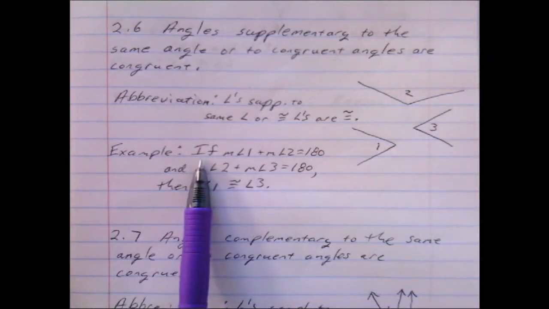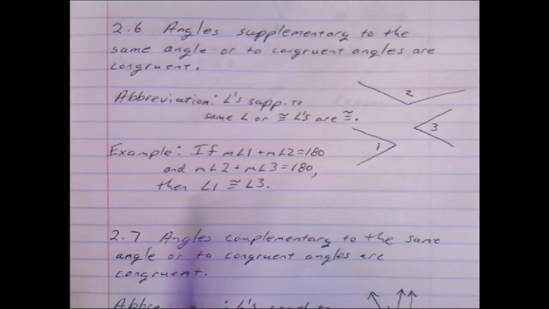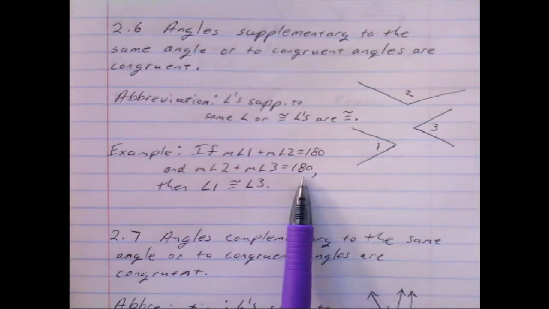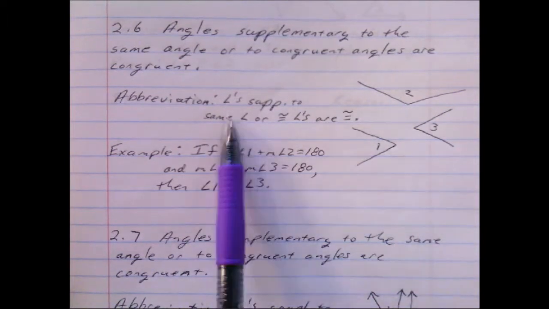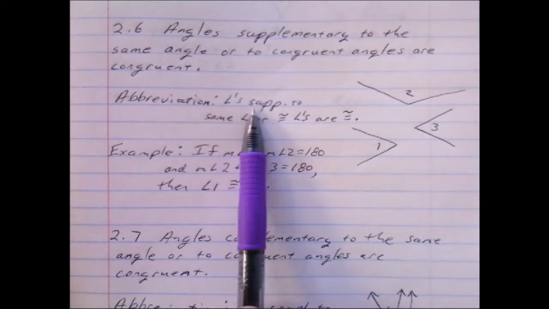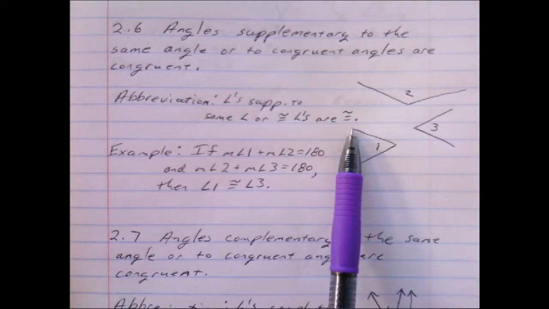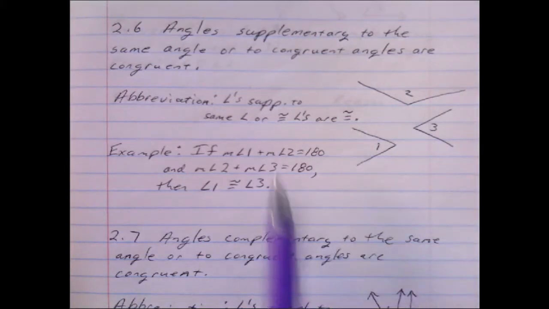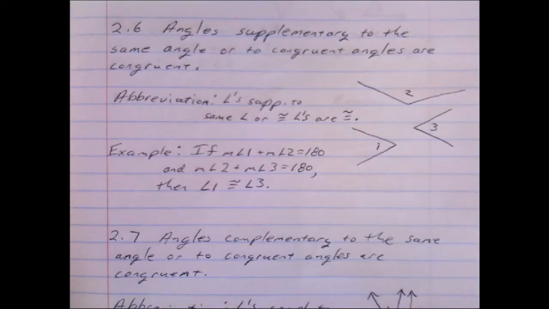Okay, that's the example I have right down here. If we know angle 1 plus angle 2 is 180, angle 2 plus angle 3 is 180, then we know that angle 1 and angle 3 have to be congruent. Our abbreviation for that is angles supplementary to same angle or congruent angles are congruent. Depending on which one of these applies to your scenario, you only have to write one.